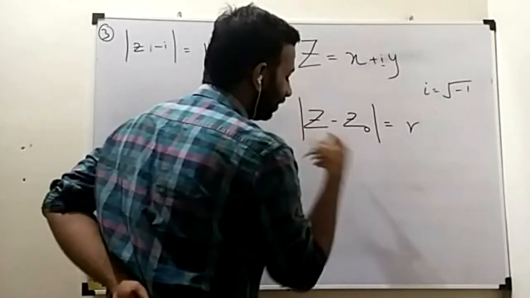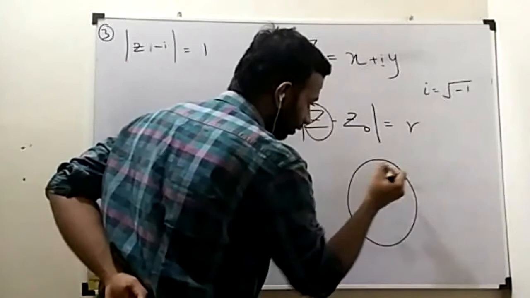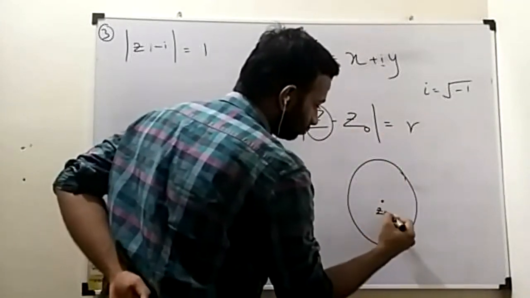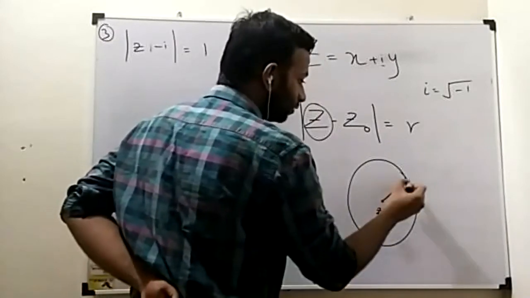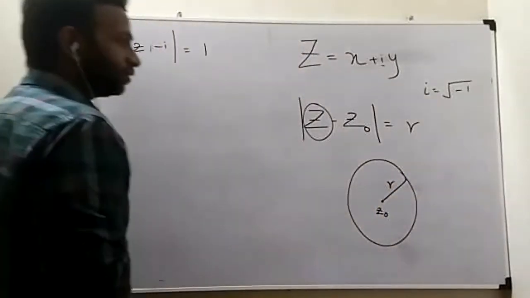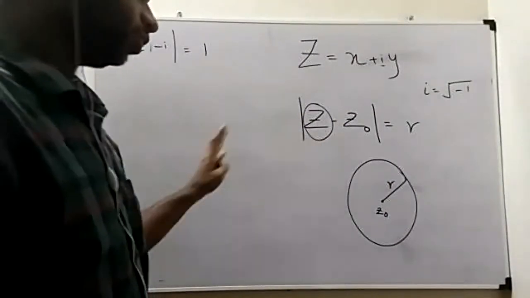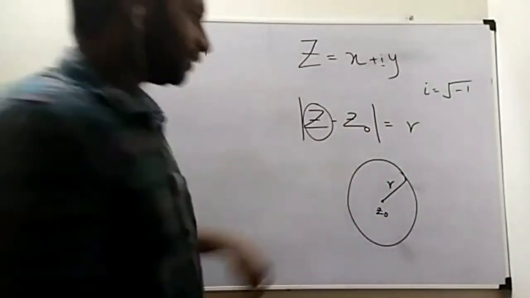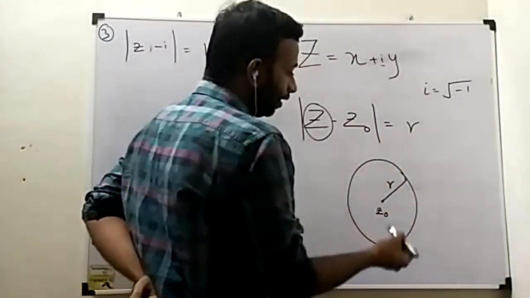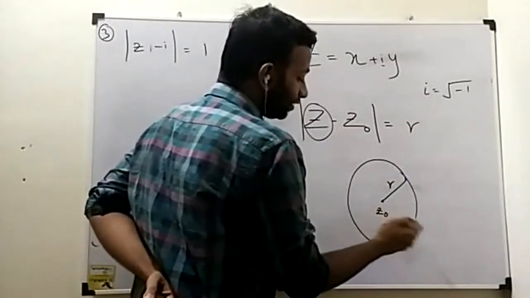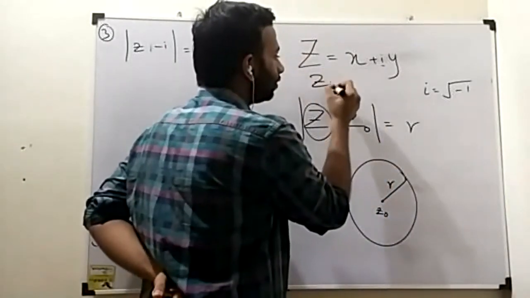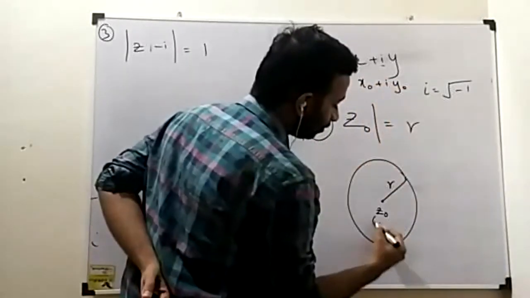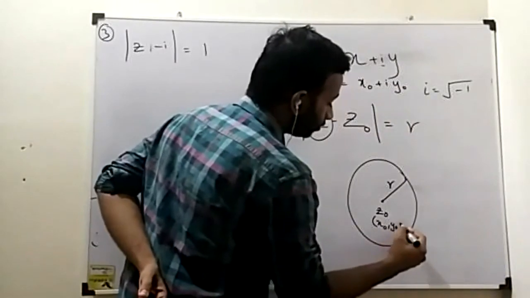The locus of Z is a circle, the center is Z naught, and the radius is R. So if you have modulus Z minus Z naught equals R, that means Z lies somewhere on this circle, and the center point of the circle is Z naught. If Z naught is equal to x naught plus i y naught, this point would be (x naught, y naught).